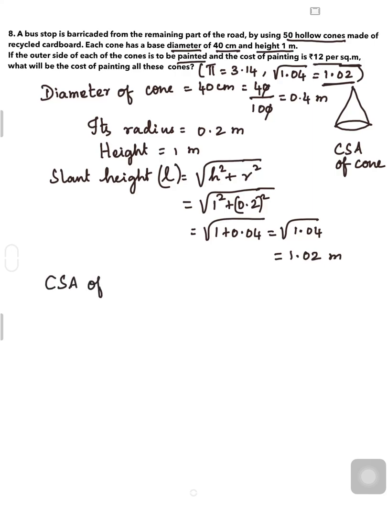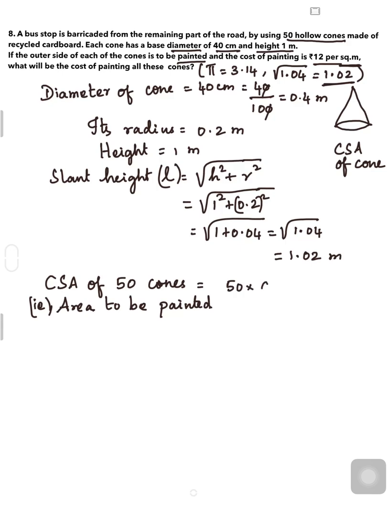So CSA of 50 cones is nothing but the area to be painted, this area only has to be painted.